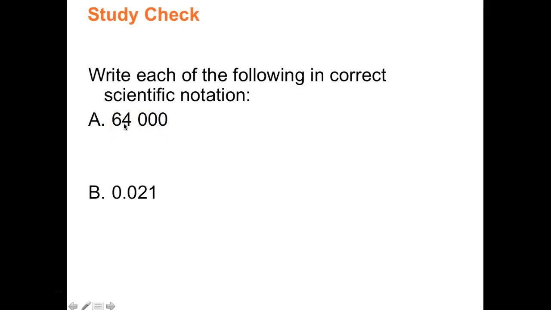So you'll be writing this as 6.4 times 10 power 4, positive 4. And then this, you will move the decimal point 1, 2 places to the right. So 2.1 times 10 power negative 2, because you moved it 2 places to the right, and this number is less than 1.